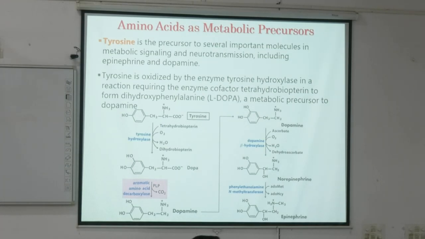Let's see why. Tyrosine is oxidized by tyrosine hydroxylase to form L-DOPA or levodopa. With tyrosine hydroxylase, tetrahydrobiopterin gets oxidized to dihydrobiopterin to form L-DOPA. This L-DOPA will be decarboxylated with the help of L-DOPA decarboxylase to give you dopamine.